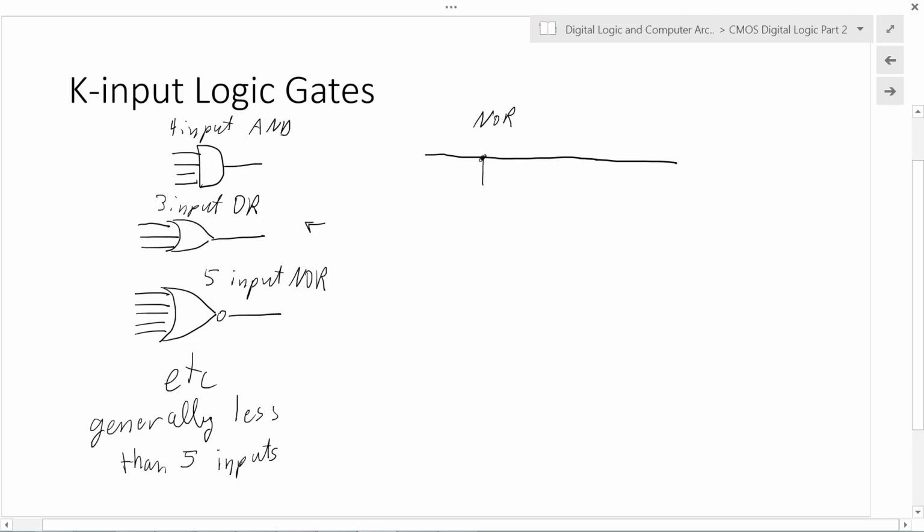So let's place 3 PMOS transistors in series, like so. Now we need NMOS in parallel, so we'll place 3 NMOS transistors in parallel.